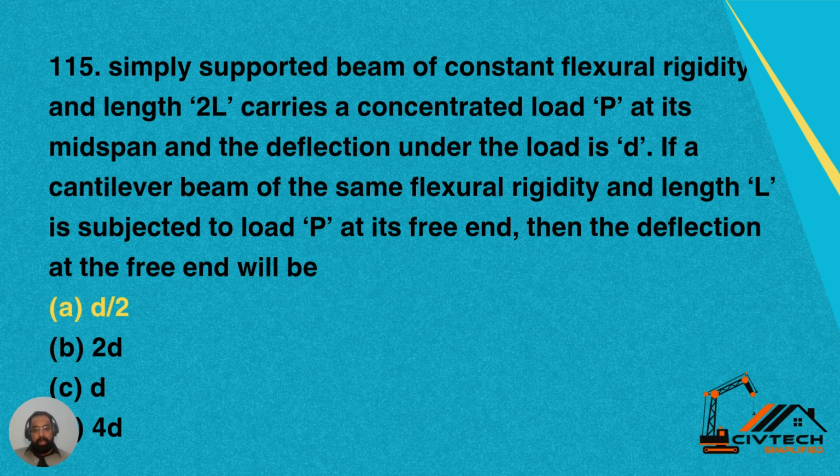115. A simply supported beam of constant flexural rigidity and length 2L carries a concentrated load P at its midspan and deflection under the load is D. If a cantilever beam of the same flexural rigidity and length L is subject to point load at its free end, then the deflection at free end will be: option A, D by 2; option B, 2D; option C, D; option D, 4D.